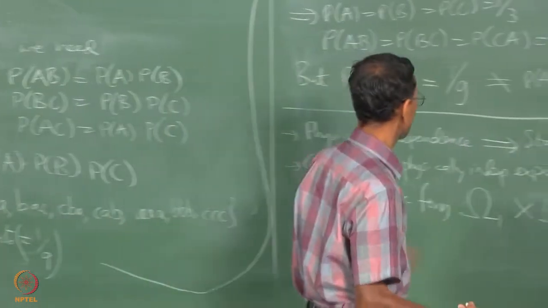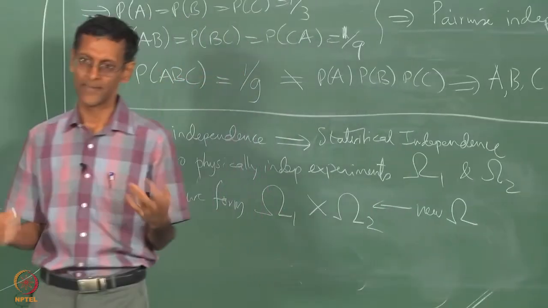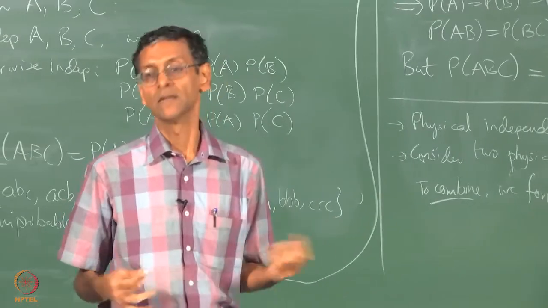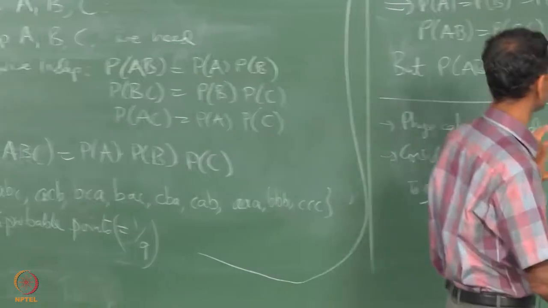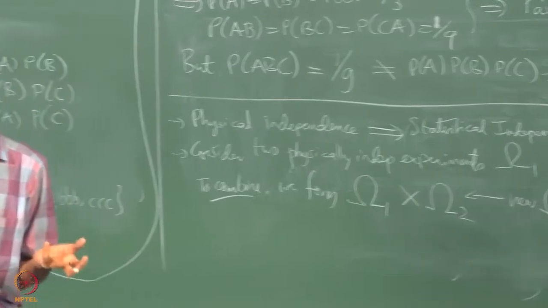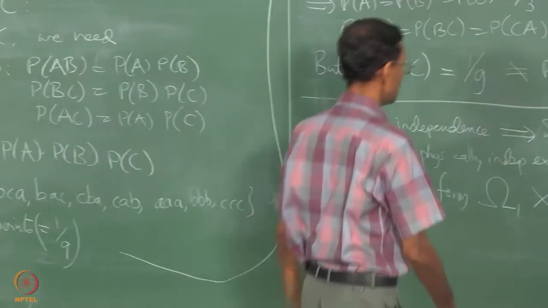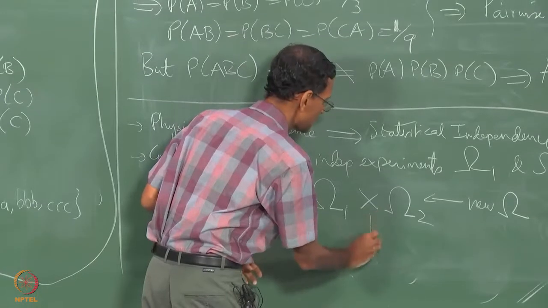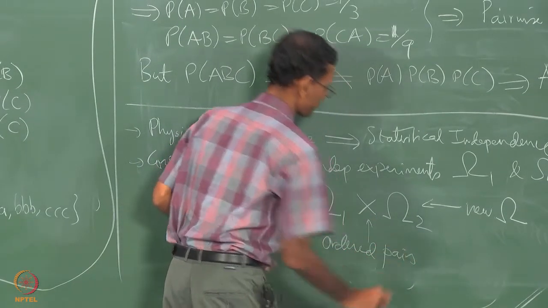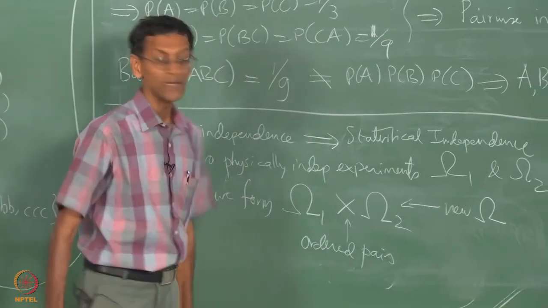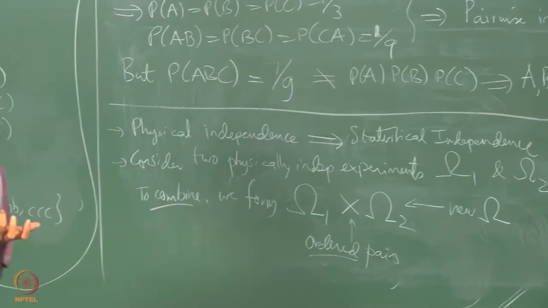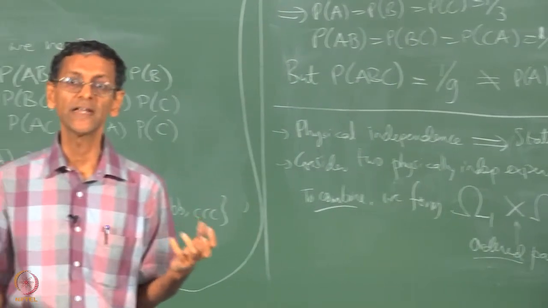Supposing both are discrete and finite, if this one has n1 points and this has n2 points, then the overall omega will have n1 n2 points. This Cartesian product means ordered pairs. The ordering is very important. You can't change it. By convention you have to agree on that.